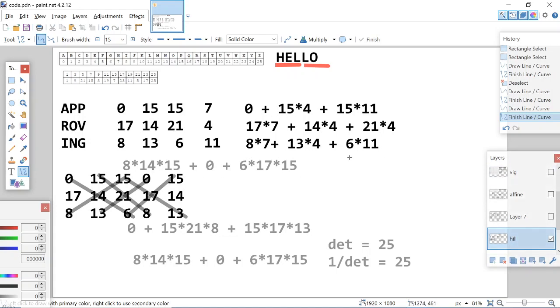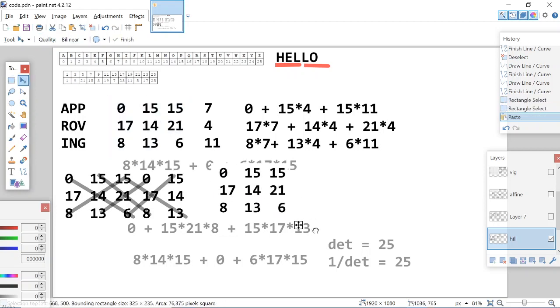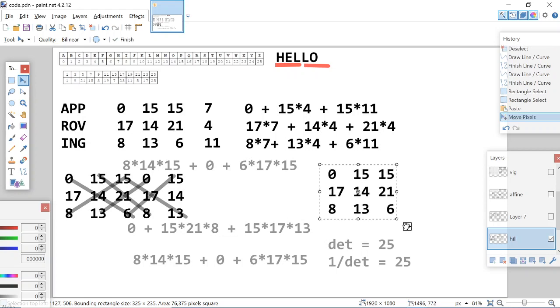However, the hard part is finding the inverse of this. So first thing you do, you take this matrix.